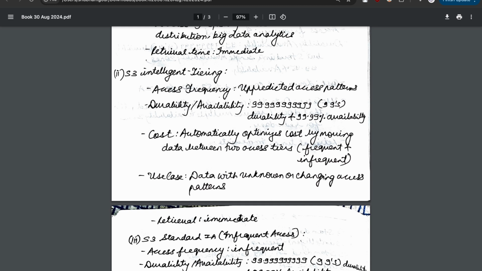It can be frequent and infrequent based on the user input that you are giving to S3. Here the use case would be data with unknown or changing patterns. Amazon S3 automatically defines the cost factor over here, and it changes the storage types accordingly.